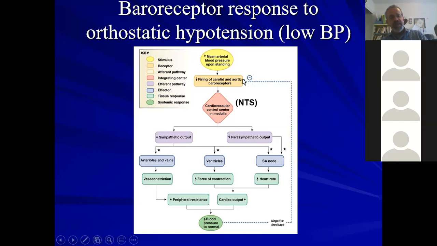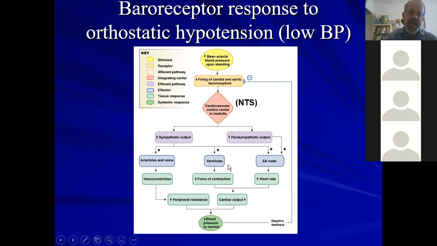this results in a decrease in activity of those baroreceptors. And even though there's a decrease in activity, that still sends a signal back to the brain that says, okay, I'm not getting much of a signal, so that must mean that pressure is low. So that's going to correspond to an increase in sympathetic output and a decrease in parasympathetic output, which is going to lead to the opposite.